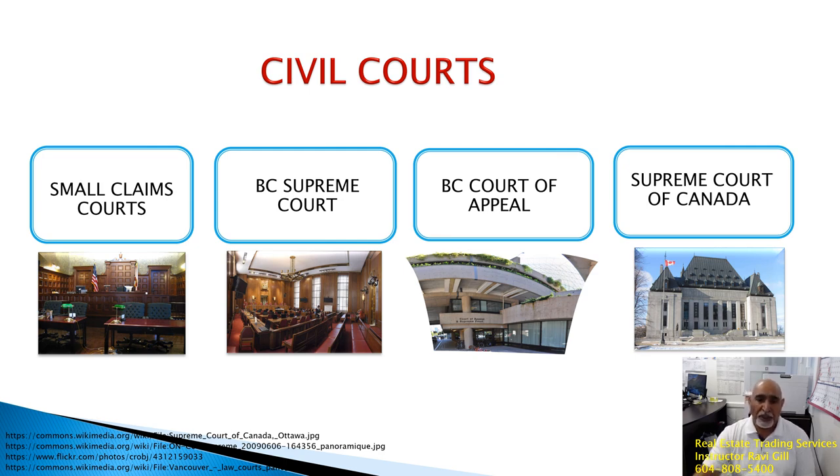The first 3 are BC Small Claims, BC Supreme Court, and the BC Court of Appeal. If the case does not get resolved within these 3 courts, then the case may go as an appeal to the Supreme Court of Canada. These last 2 courts, in my opinion, should have also had the word appeal in their name. Then we would know that these 2 courts are appeal courts.